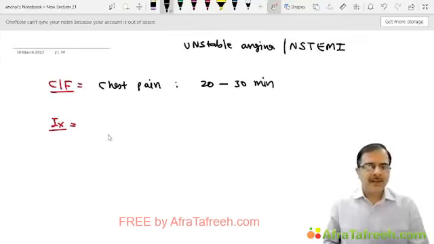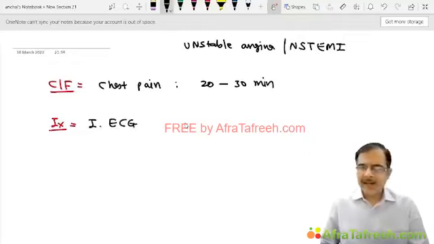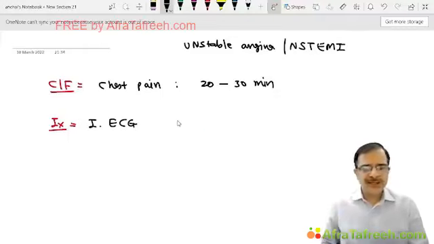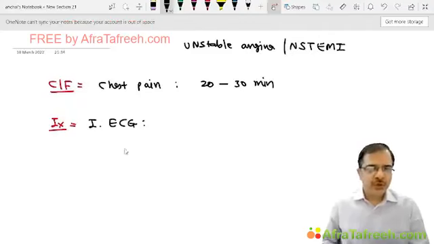Now, investigation wise, the first investigation is of course ECG. And here the ECG will show us, because it is a subendocardial injury, ST depression and T wave inversion.